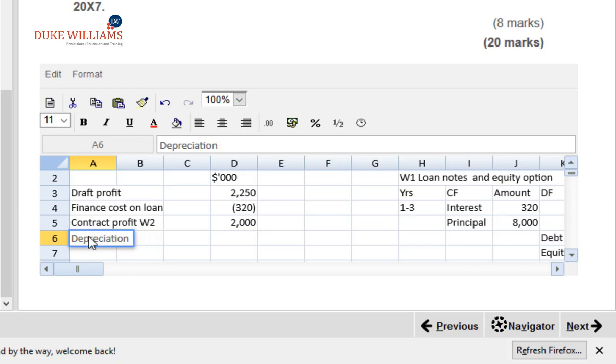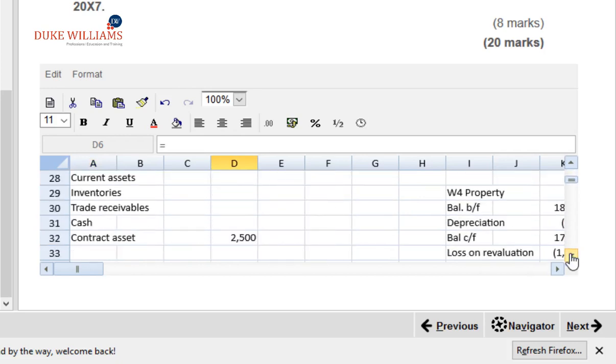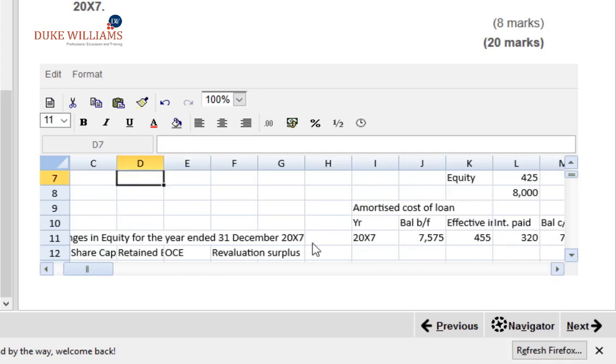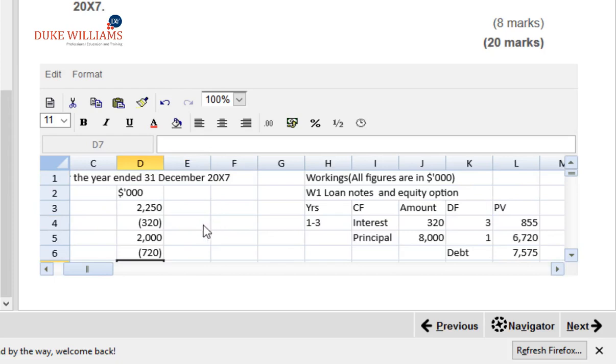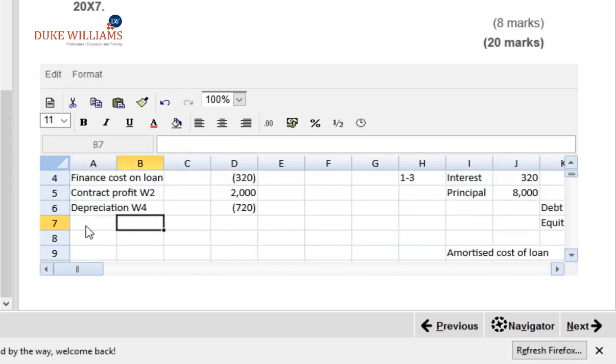Okay, let's bring our workings. This is workings 4. So we say it is equal to, we go quickly down there and bring it. Here it is. There we have it. Then again bring our loss on revaluation.